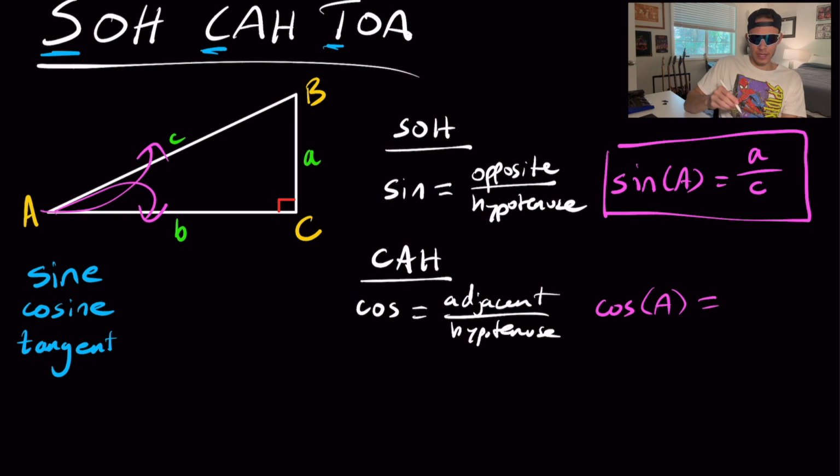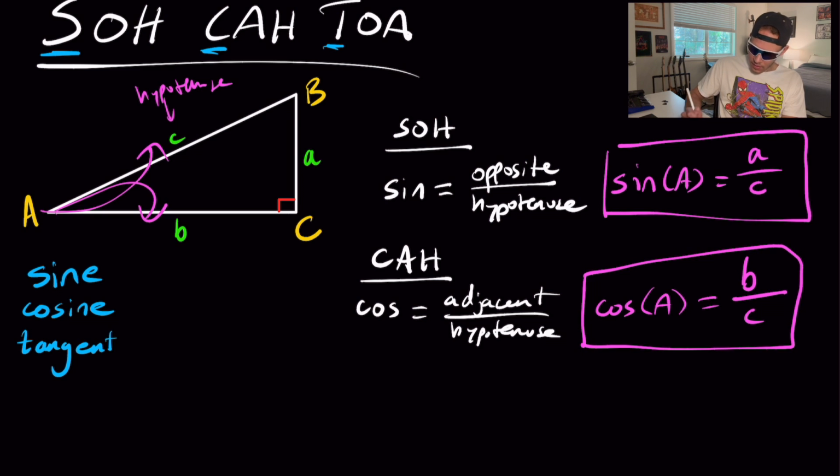But we already knew from the last example that c is always going to be the hypotenuse. So it's not going to be c that's adjacent. What's adjacent to angle A is going to be side b. And then divide that by the hypotenuse, which we already said was side length c. So the cosine of A is b divided by c.